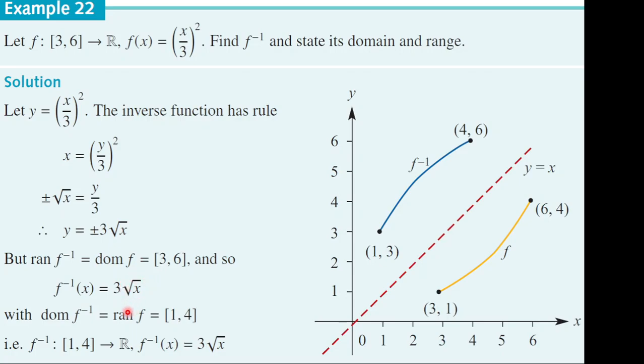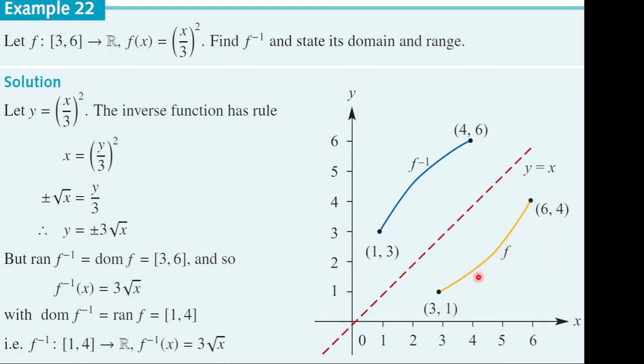To find the domain, what you need to do now is for the 3 to 6, so let's look at my function in yellow. That's my function f. The domain is 3 to 6. To find the y values, we substitute into the rule. We get 1 and 4.